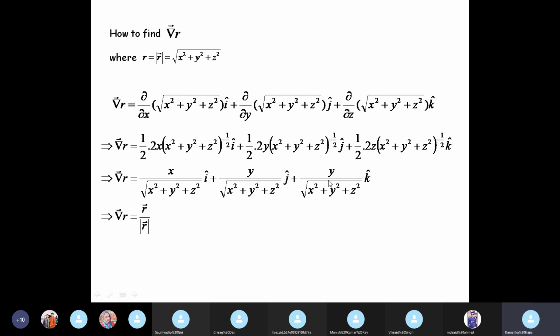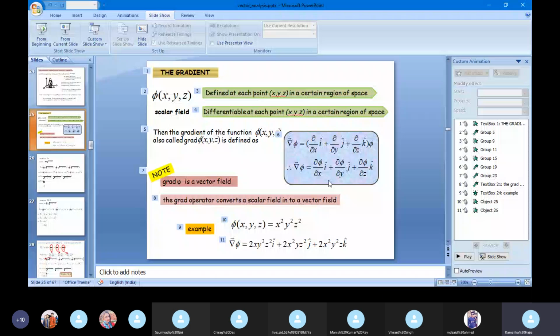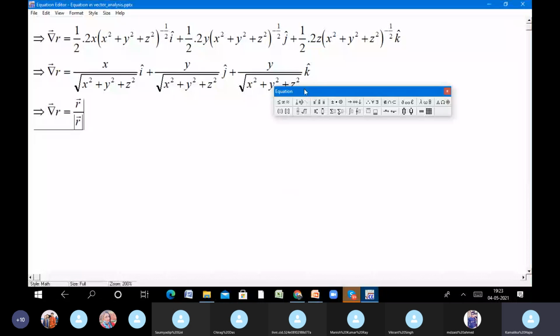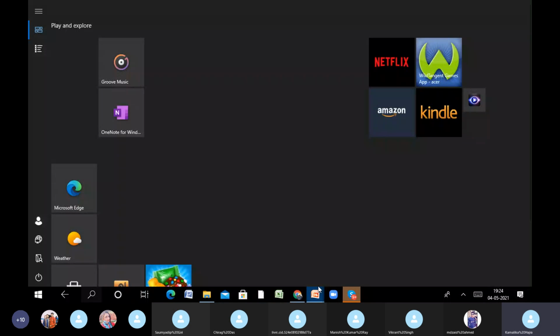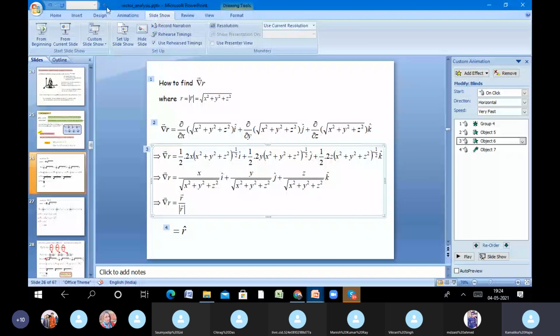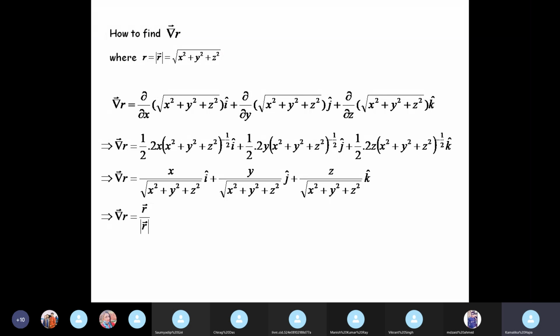I'll change it right now because otherwise I'll forget. So z by root over x square plus y square plus z square k cap.